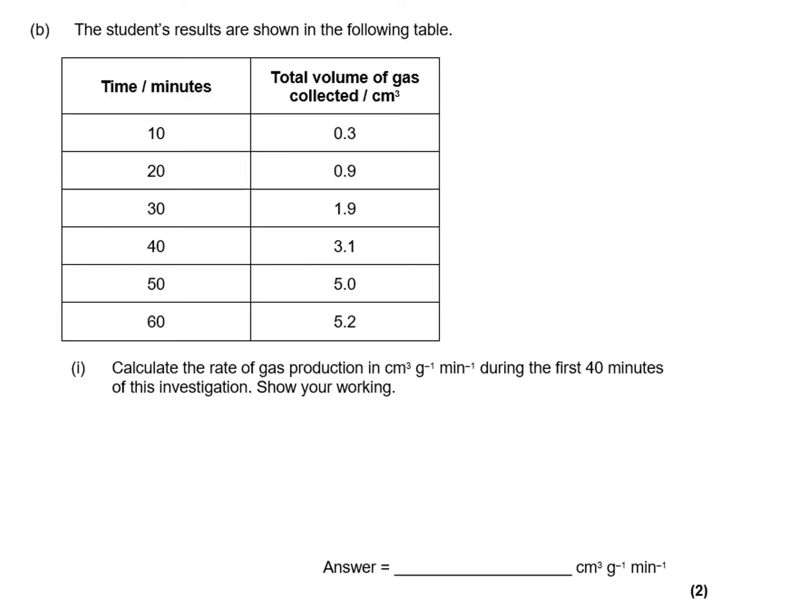So in question B, we're given some data. We've got time in minutes in the left column, and we've got the total volume of gas collected in centimetre cubed. So we know we've got anaerobic respiration with the production of CO2 gas. So that's the gas being collected. Obviously, we've got some ethanol as well. That's not a gas though. And it says, calculate the rates of gas production in centimetre cubed per gram per minute.